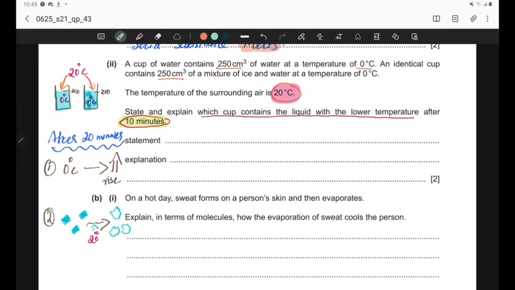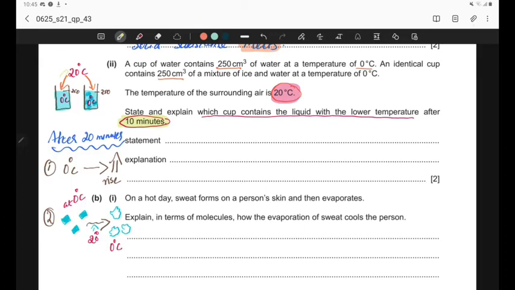Initially it was at 0 degrees Celsius, and even though it absorbed some heat from outside, as it used all of it only to convert its state, this liquid will still remain at 0 degrees for some time.